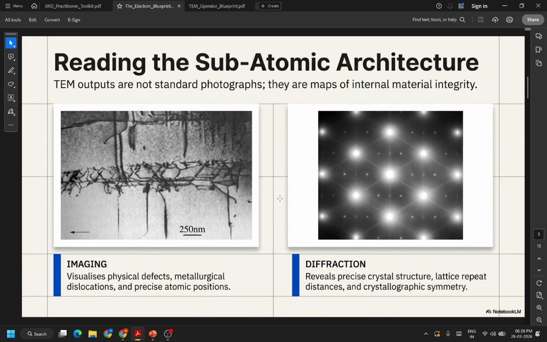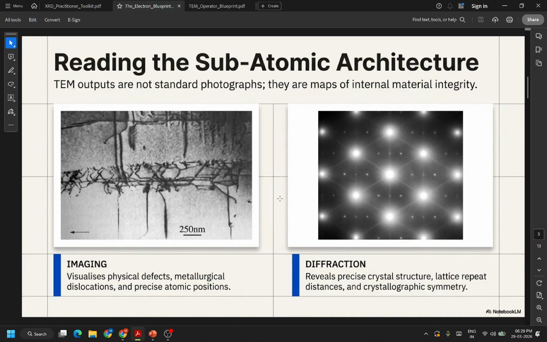Then in diffraction, you can use diffraction to reveal precise crystal structure as well as lattice repeat distances and crystallographic symmetry. So you can use diffraction in TEM to get the exact reciprocal lattice, which gives you the crystal structure at very high precision.